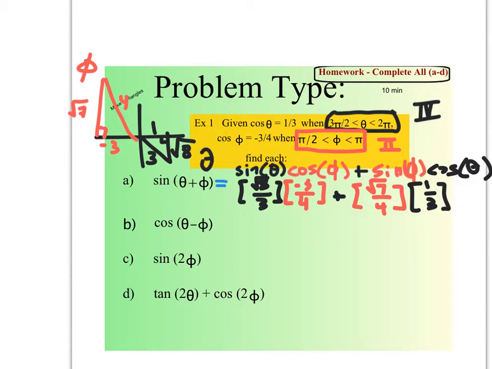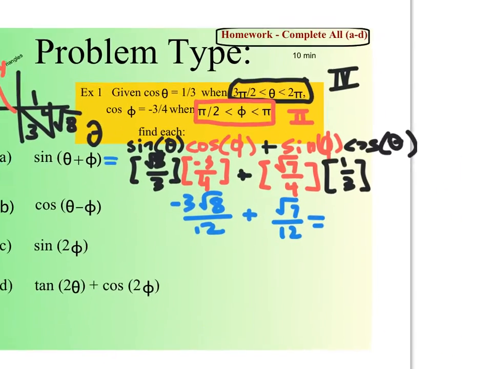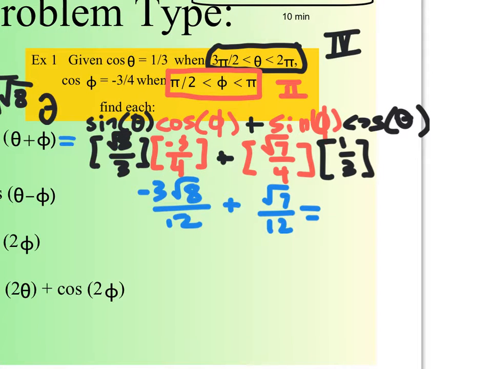The nice thing about problems like this is that you'll get a common denominator. So I'm going to have negative 3 root 8 over 12 plus root 7 over 12. I can't combine terms because those radicals are different.